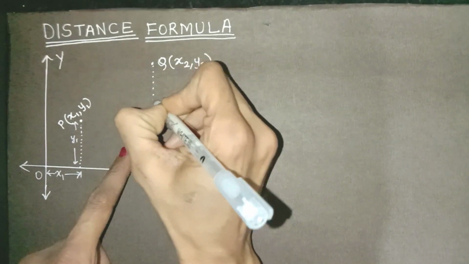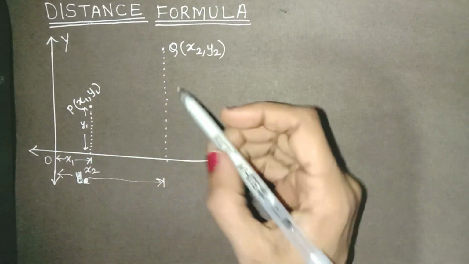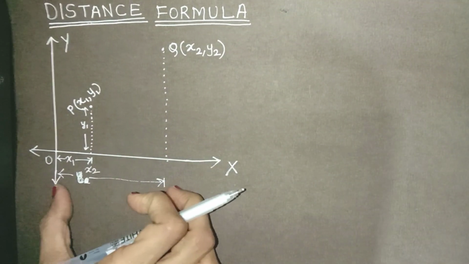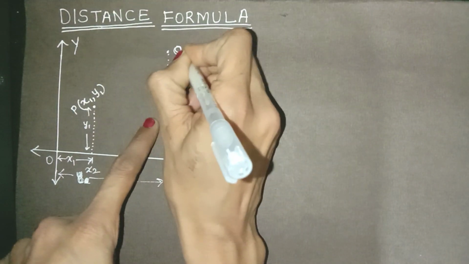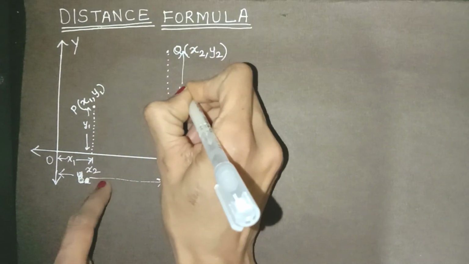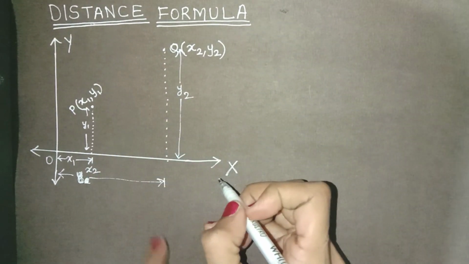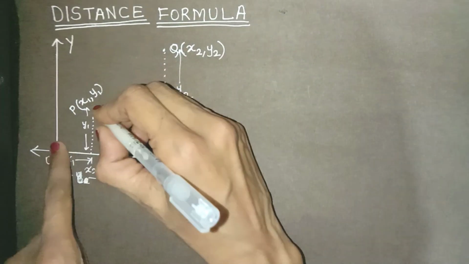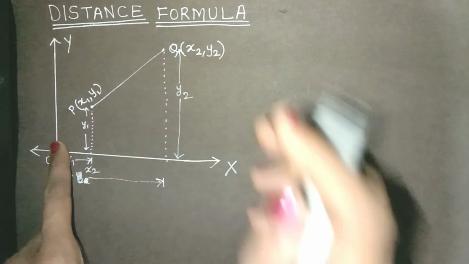This whole distance, right? The perpendicular distance. This is the perpendicular distance of point Q from the y-axis, which is known as x2. And this whole thing, friends, see? This is the perpendicular distance from the x-axis, which is y2. Okay, now we have to find which distance. Let's mark that also. We have to find this distance PQ.